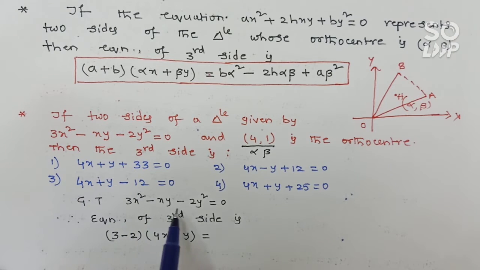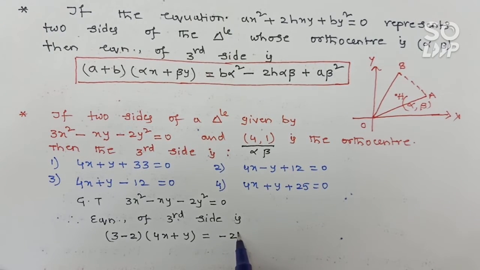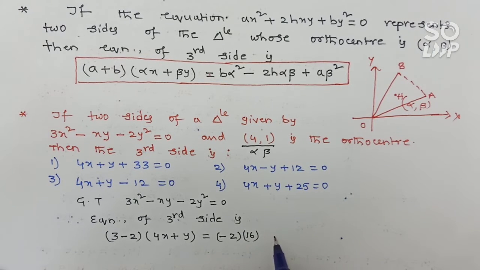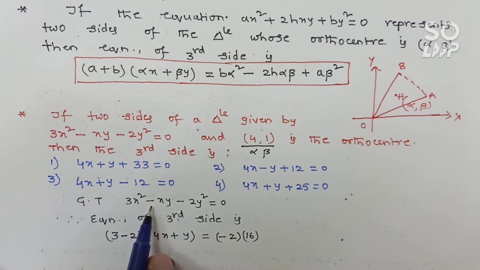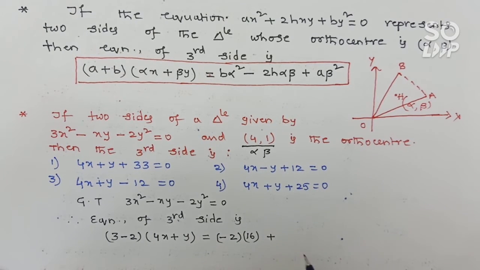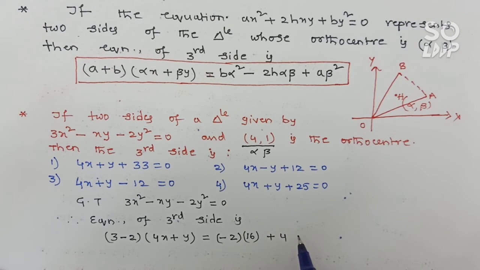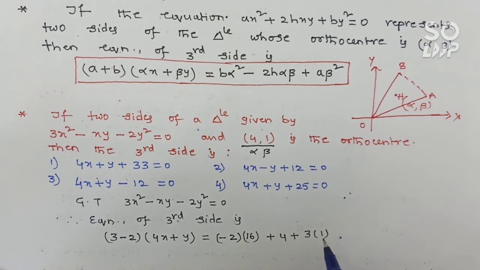Substituting b as minus 2, alpha square is 4 whole square, that is 16, minus 2h into alpha beta. Here 2h is minus 1, so it becomes plus alpha into beta, that is 4, and next plus a into beta square, that is 3 into 1 whole square, that is 1.